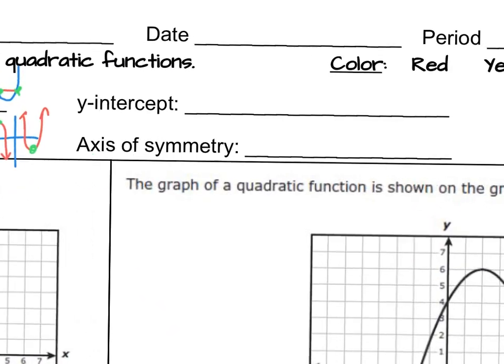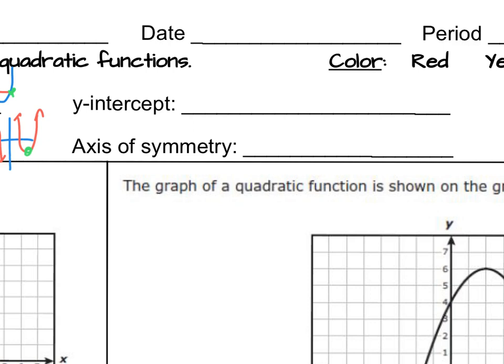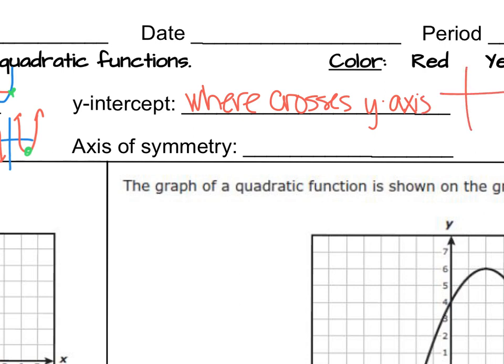Our y-intercept is where our graph crosses the y-axis. So if we're looking at our grid and we have our parabola, our y-intercept is here where it crosses the y-axis.